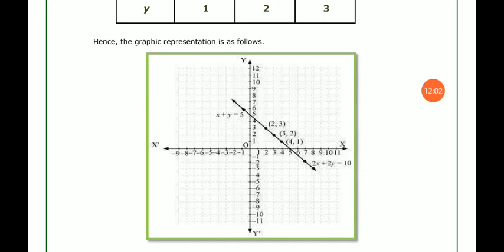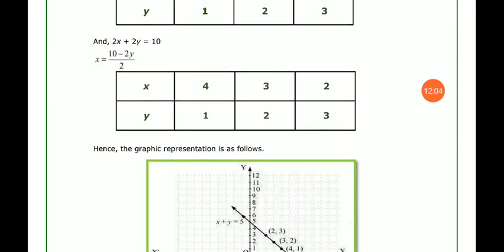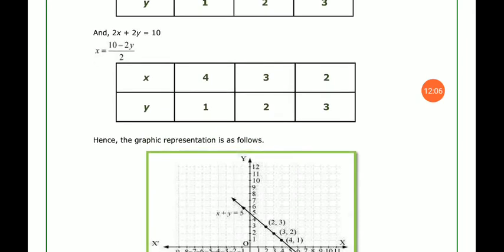And one more thing, while making the graph, if you take three values or three coordinates, then it is sure that your graph is correct if you get a straight line. But in case you take only 2 points, it will always come as a straight line, and it might be possible that you have made a mistake.